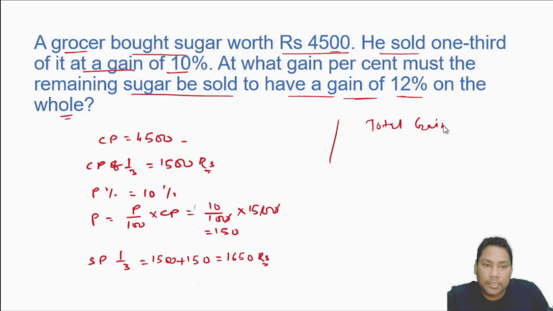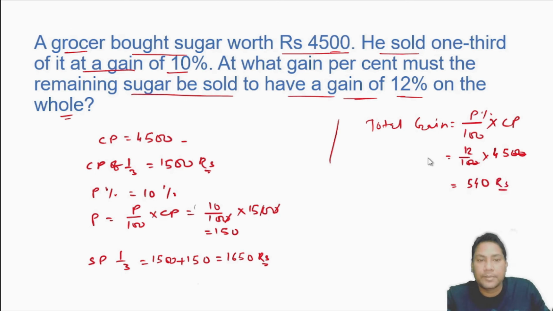Total gain we can calculate as profit percent divided by 100 multiplied by cost price, that is 12 by 100 multiplied by 4500. The zeros cancel. 12 fives are 60, 12 fours are 48 and 6 makes 54, that is 540 rupees. So this is the overall gain.